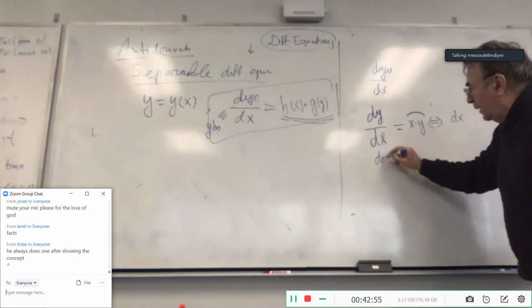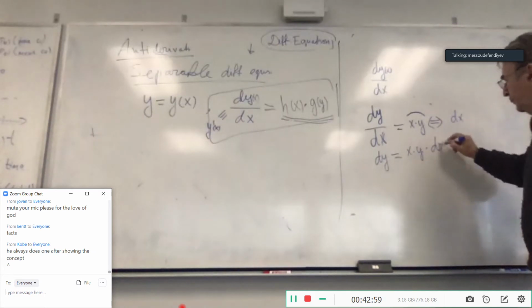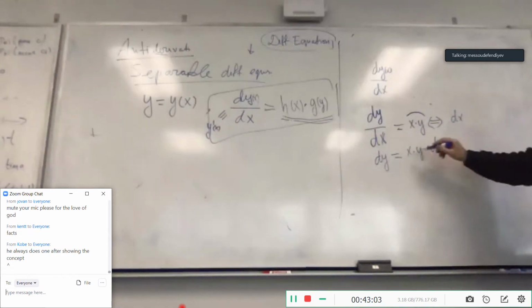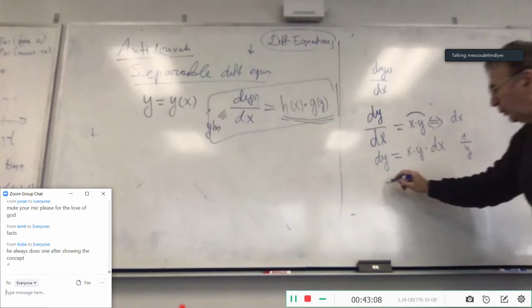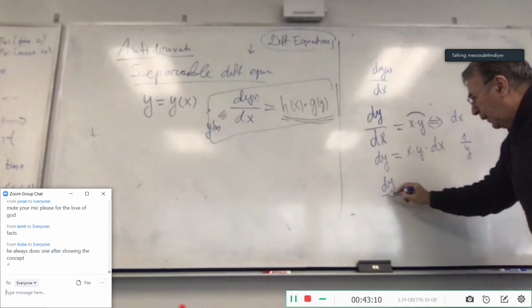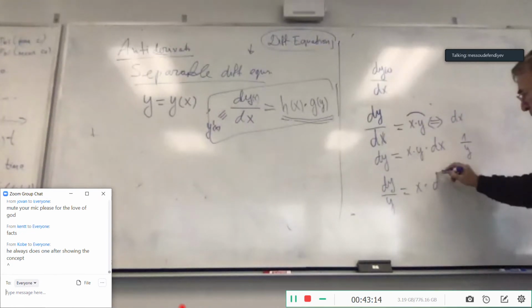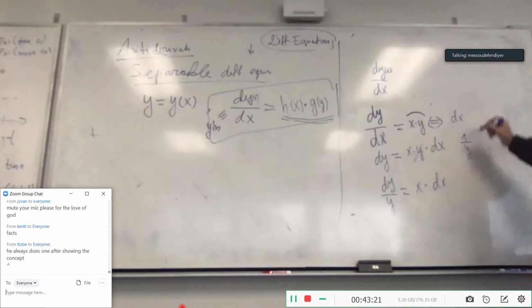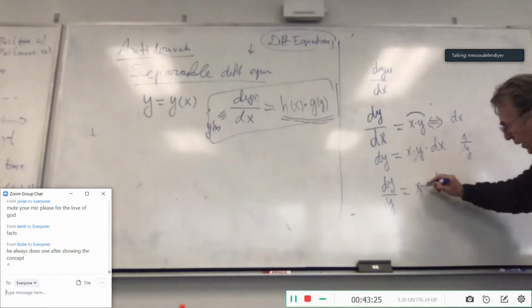Then you will obtain dy is equal to x times y dx. And now multiply both sides by 1 over y. So you will obtain dy over y is equal to x times dx, right? The y and 1 over y cancel.